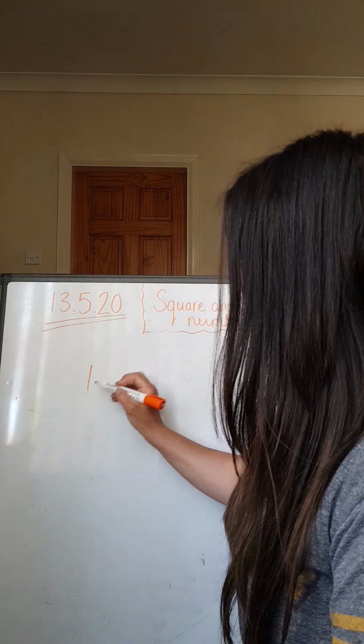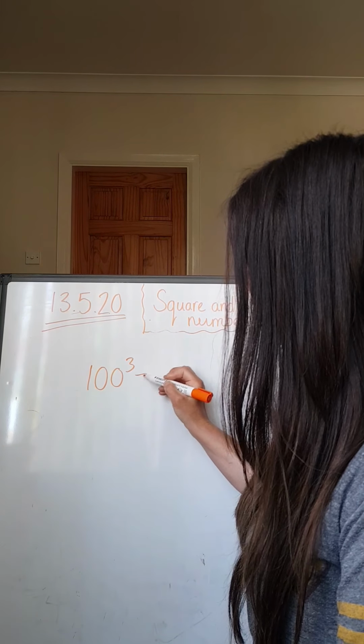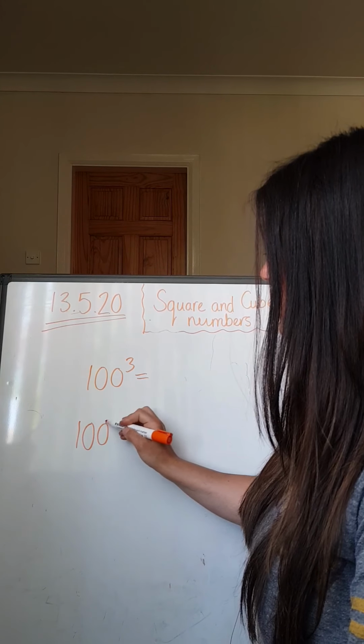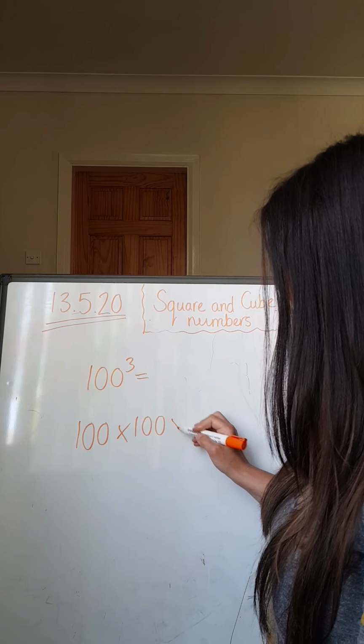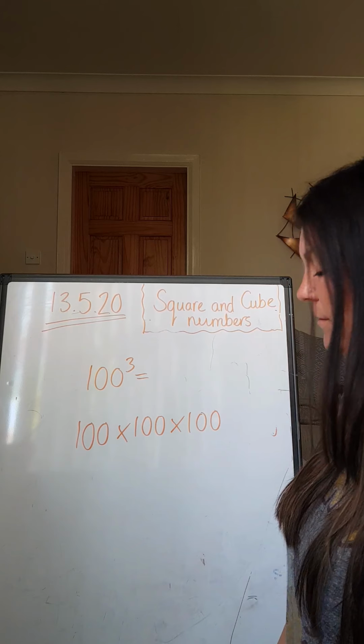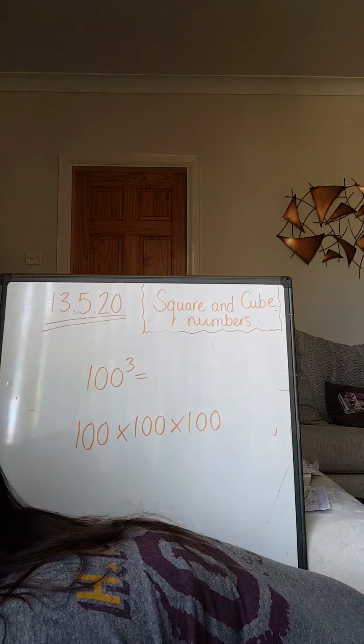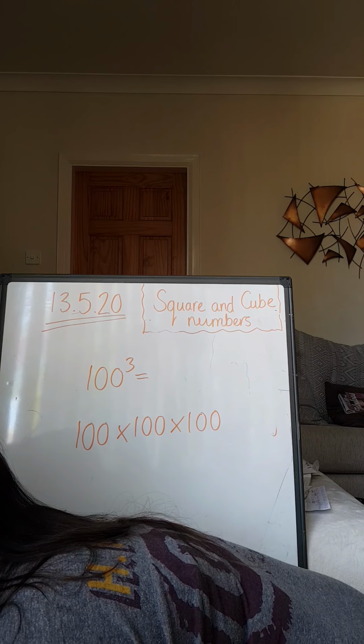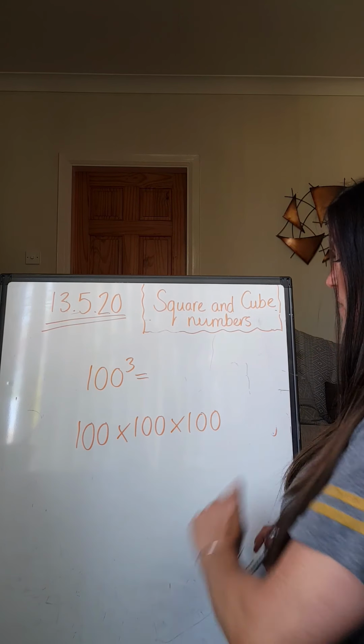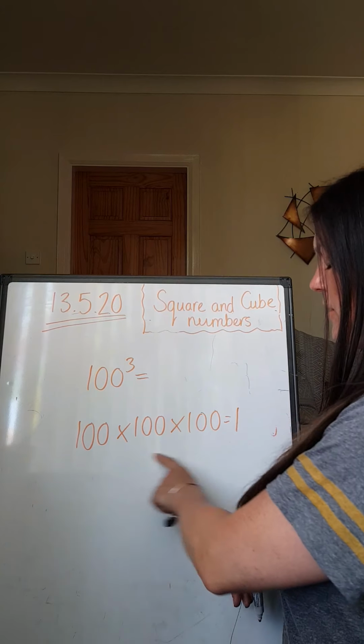So you've got 100 cubed. The maths is 100 times 100 times 100. I think we did that before, didn't we? As squared, or we worked backwards. So let's see, I'd have 1 times 1 times 1, which is still 1. And then I'd have to smile on my maths.